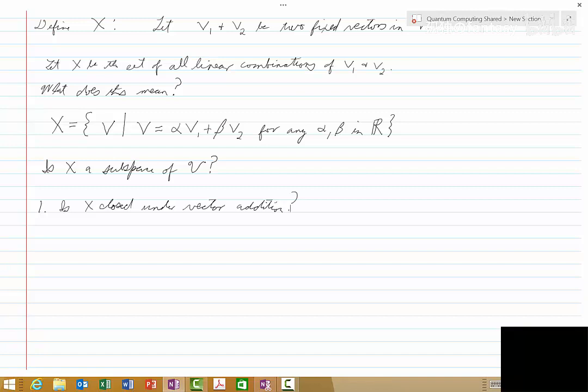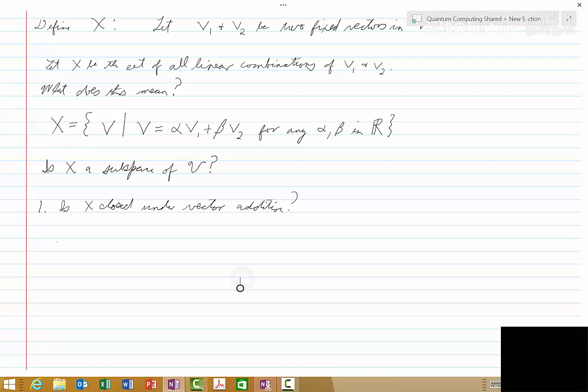Okay, so I hope you've had a chance now to look at this problem and think about it a little bit. And so, as I hinted before, what we're going to do is to look at the two properties that all subspaces must have and see if X also has those properties. So the first one is closure under vector addition, and the way we test that is as follows. Remember, we'll pick any two vectors in X, and if the sum of those two vectors is also in X, then we say that X is closed under vector addition.